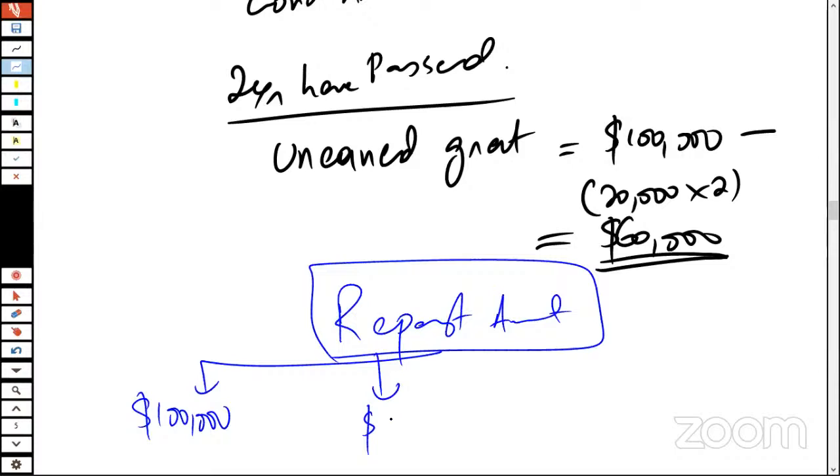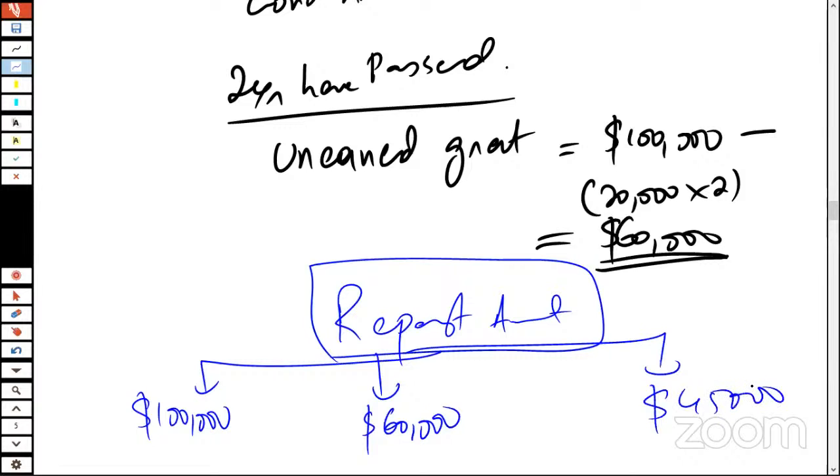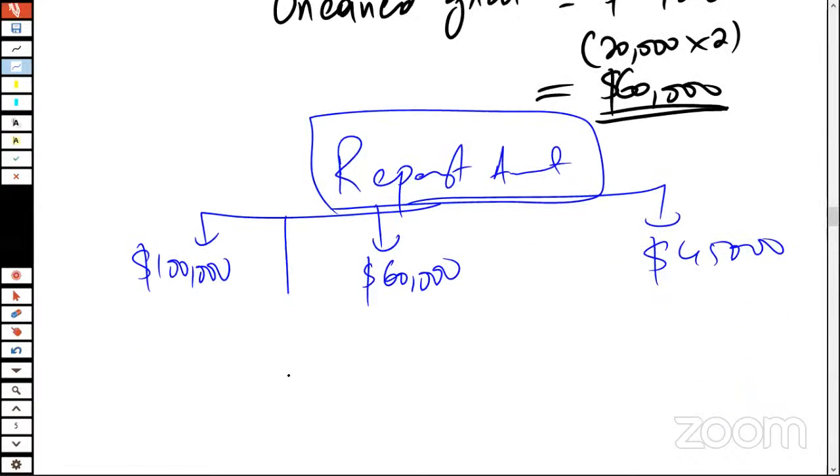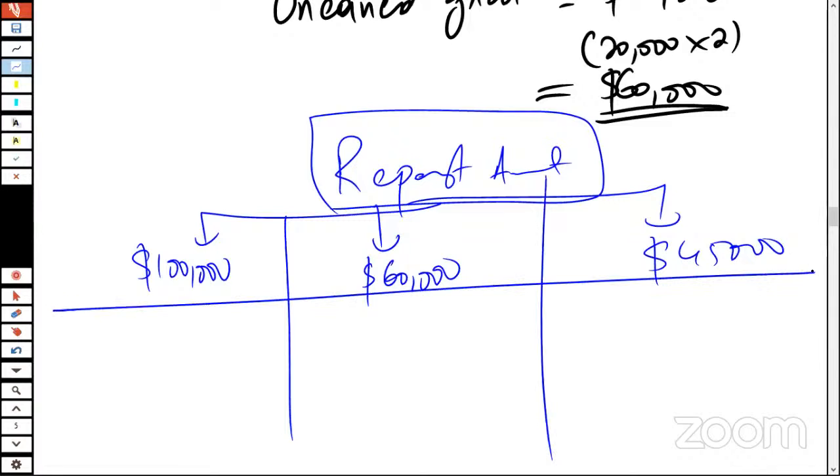Case number 2, the repayment amount is 60,000. Case number 3, the repayment amount is 45,000. So I will tell you how exactly you are going to account for this repayment under all these 3 circumstances.